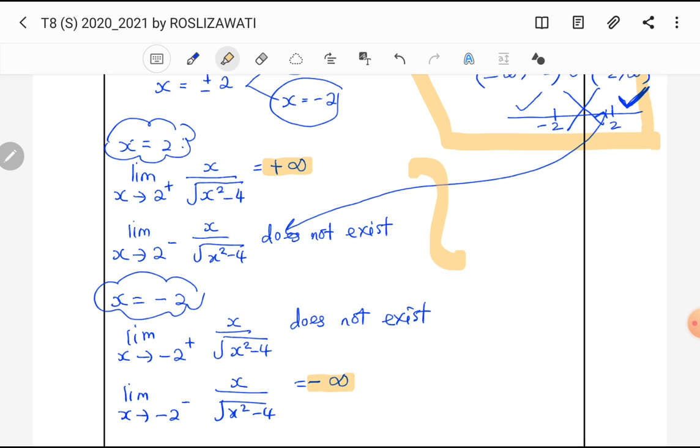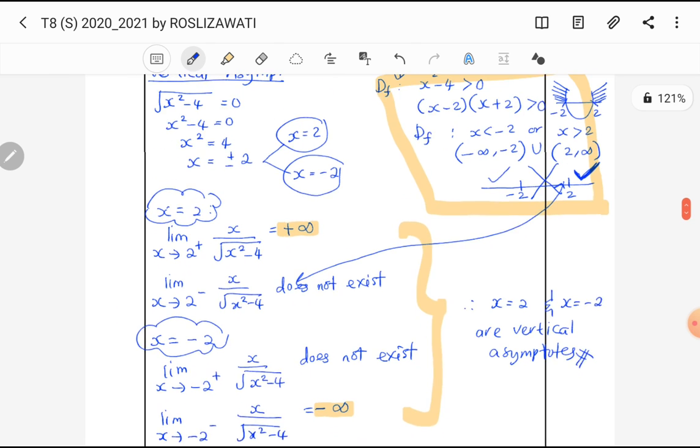Okay, so from this calculation, we can say that x equals 2 and x equals negative 2 are the vertical asymptotes. Ada dua.